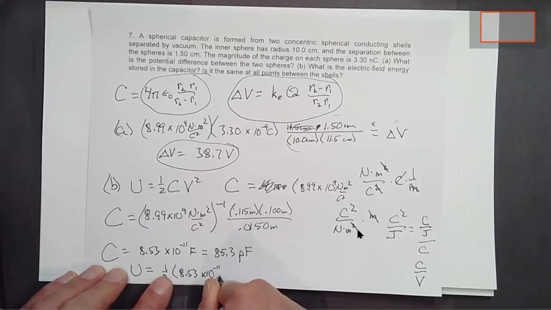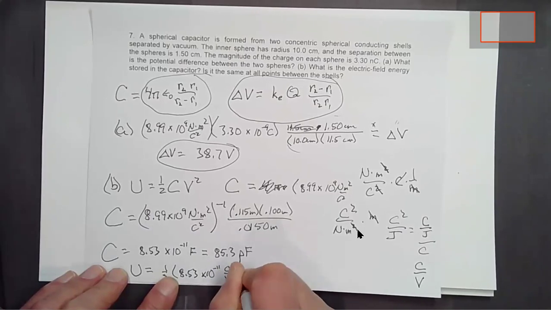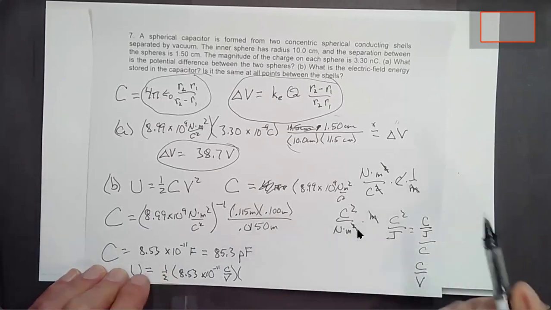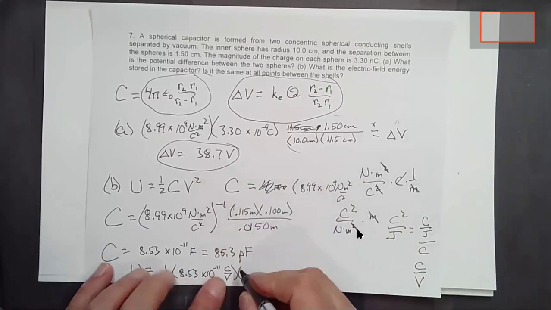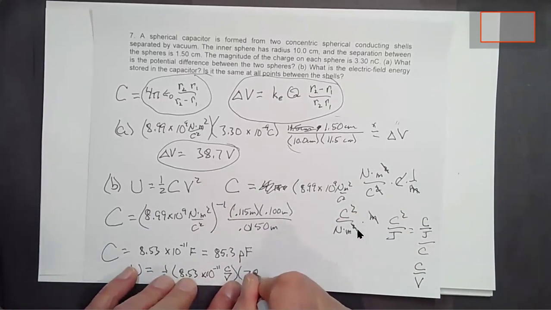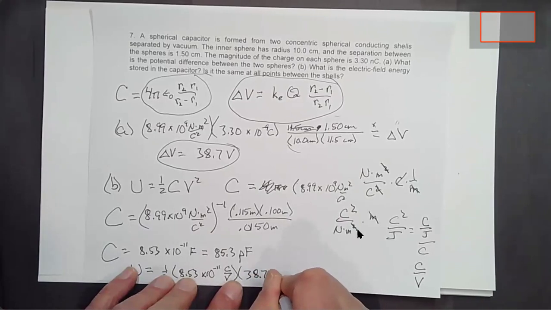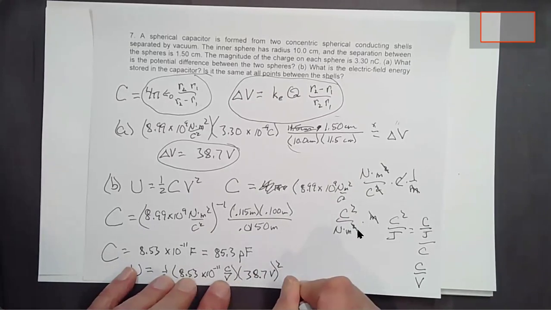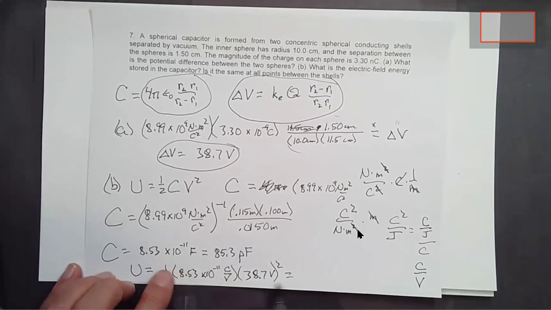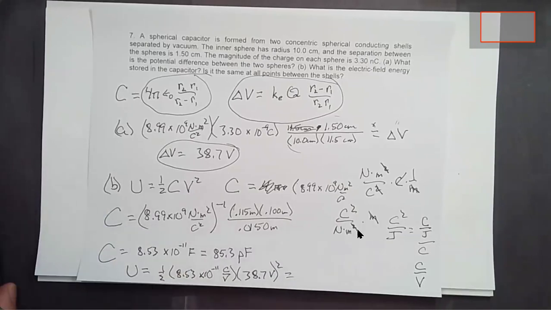Farad is a coulomb per volt, again. And then I multiply that by the potential difference that I'm going to have, 38.7 volts squared. And that comes out joules, as we have checked before.